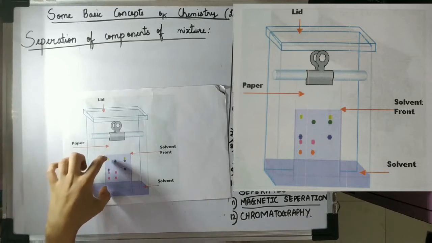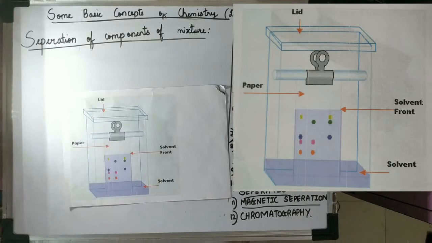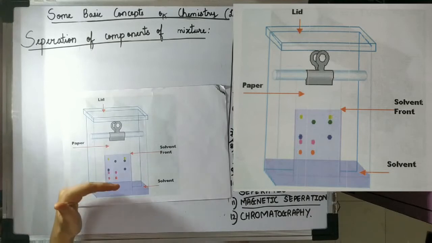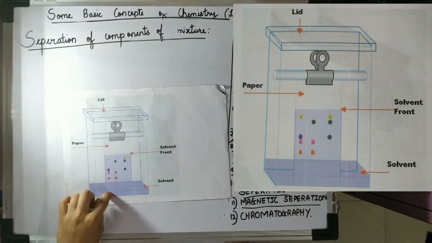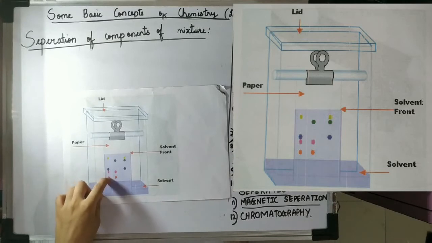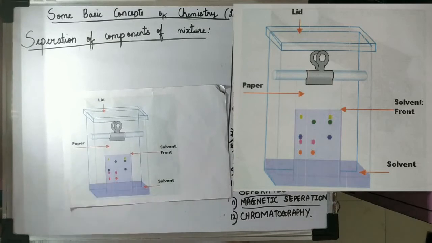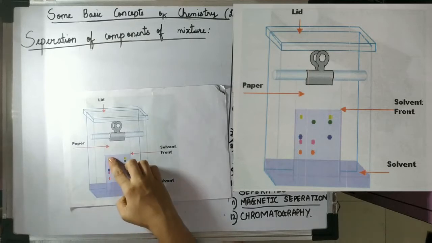By capillary action, the solvent will rise, and as the solvent rises, the solute also rises. If a solute has higher affinity for the solvent than for the inert material, it will rise with the solvent, up to the point the solvent rises.